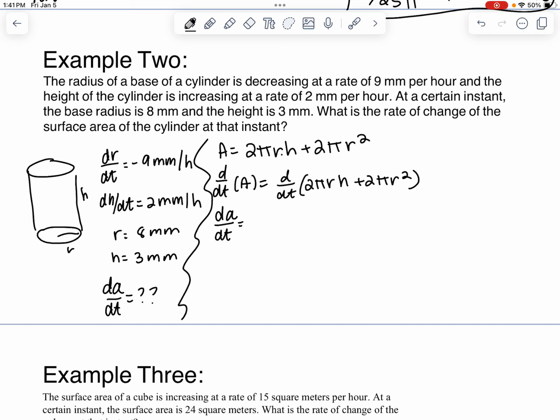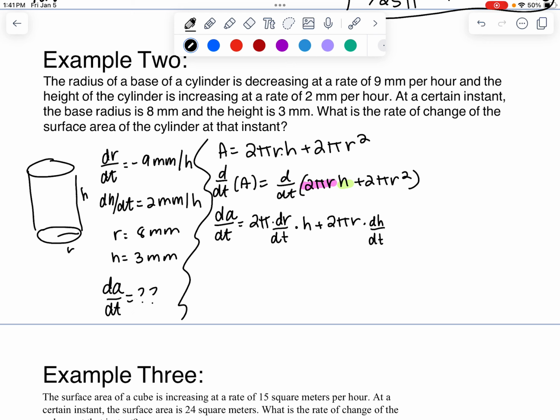Okay, now I have to take the derivative of the two terms. So term one is 2 pi r h. I'm going to view this as the first function, and this as the second function. So the derivative of that first function is going to be 2 pi, the derivative of r is 1, and then we have to do times dr/dt, and then times the original second function, plus 2 pi r, so original first function, times the derivative of h with respect to t, which will be dh/dt.